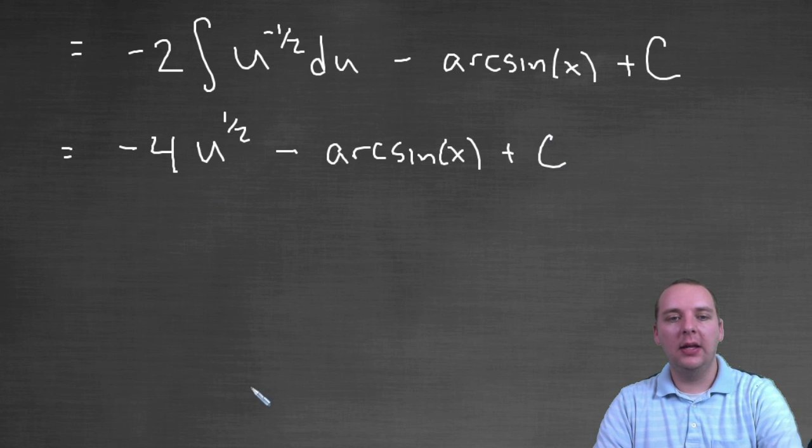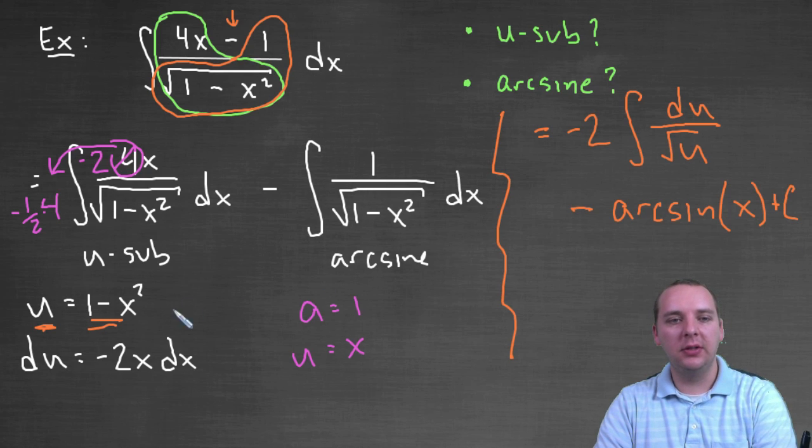And the only thing that we need to tidy up a little bit is this integral should be in terms of x at the end of the day, not u or anything like that. So what was u rather? u was chosen to be 1 minus x squared.